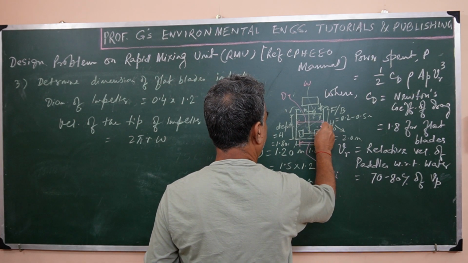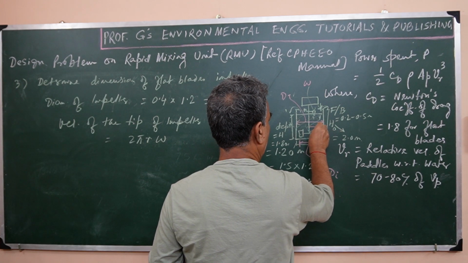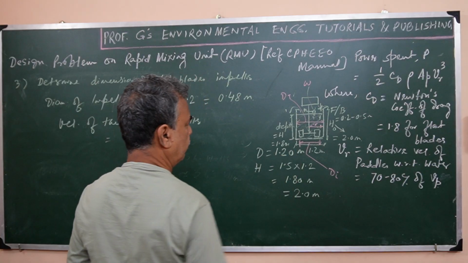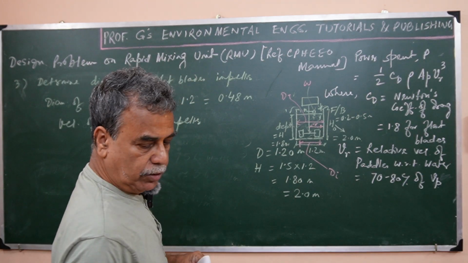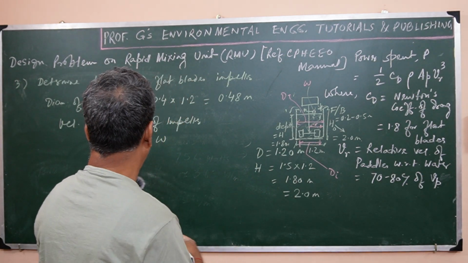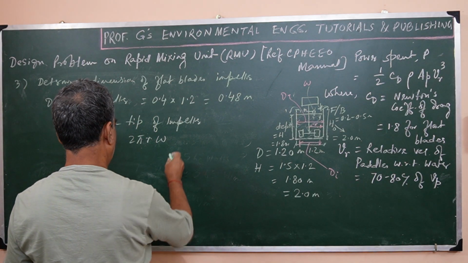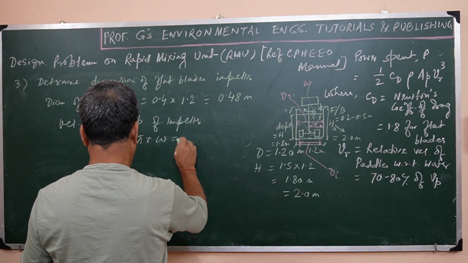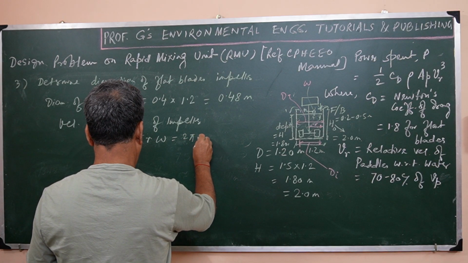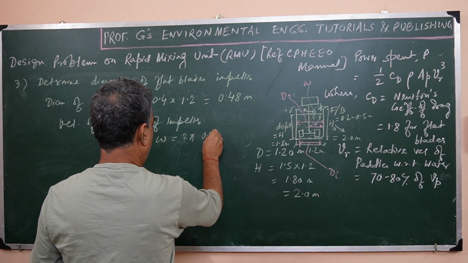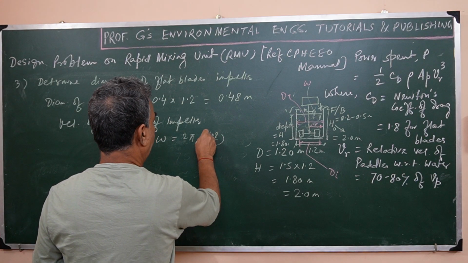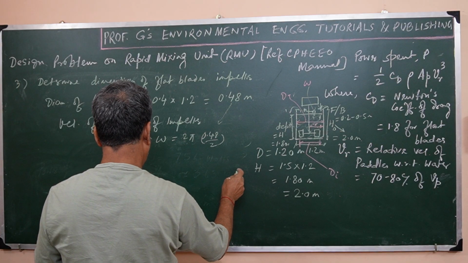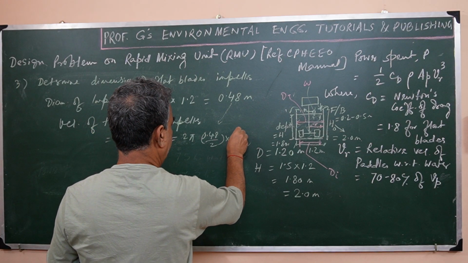And this is r, this is d, so r is equal to DI by 2, okay. So here if you calculate this, this would be twice pi, r is 0.48 by 2 because d is 0.48 taken from here, divided by 2, that gives radius, and this is the 120 rpm.